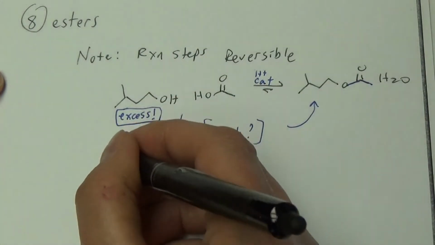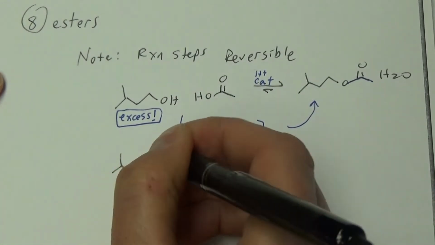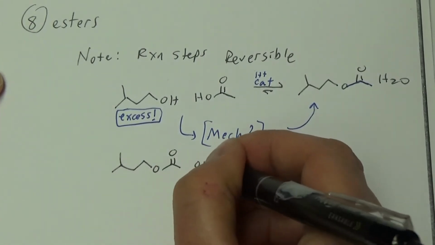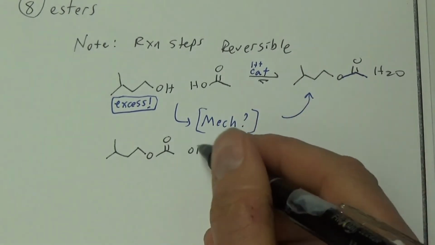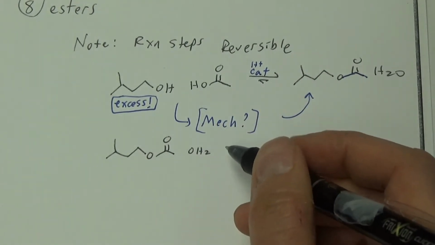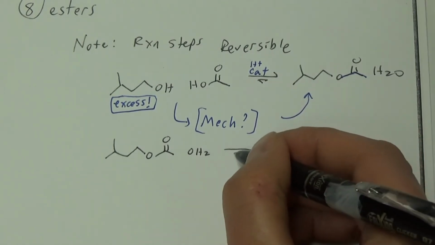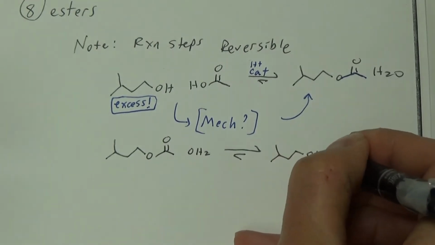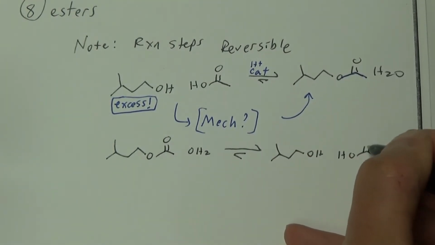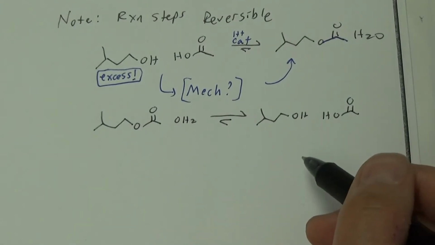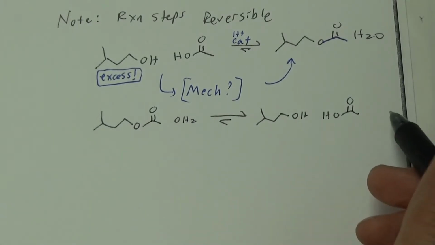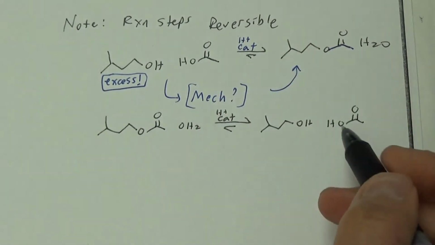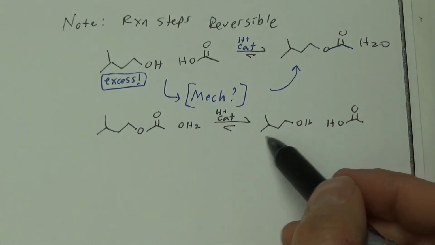And likewise, if I have the ester, and I want to go the other way. I want to actually hydrolyze the ester, because sometimes esters are even used as protecting groups and stuff, right? If I want to go the other way and make the alcohol and the carboxylic acid again, like hydrolyze this ester, then I wouldn't use excess alcohol, I'd use excess, what?